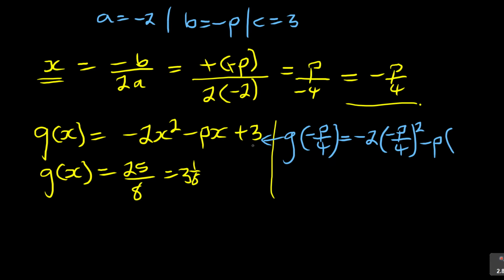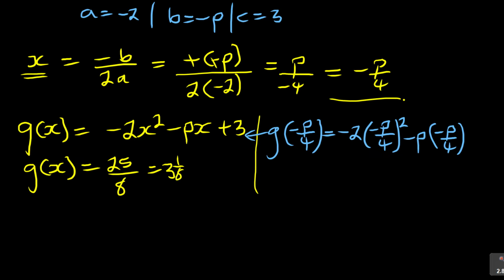There is my value of x, which is negative p over 4, and then plus 3. Are you seeing that? That is g of that. But here, if I erase where there was that x, they told me that g of minus p over 4 was 25 over 8. You see now how this thing was getting it.